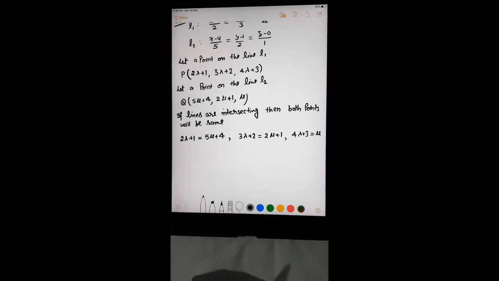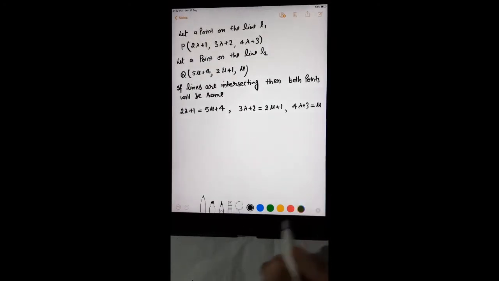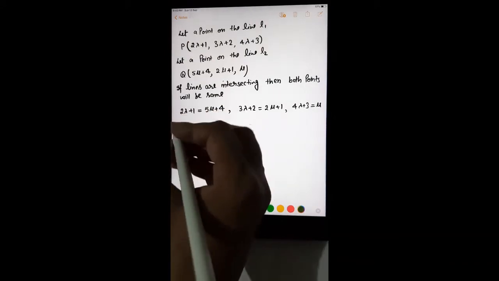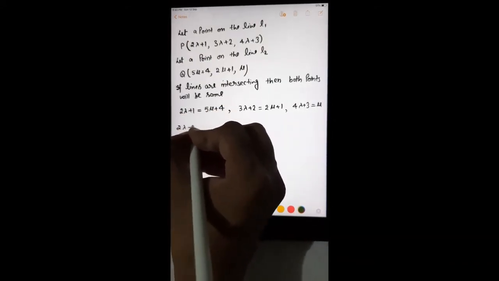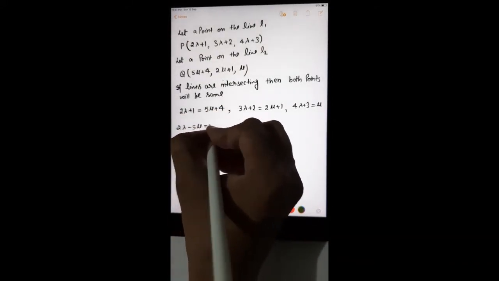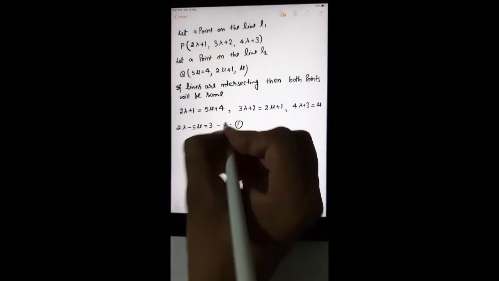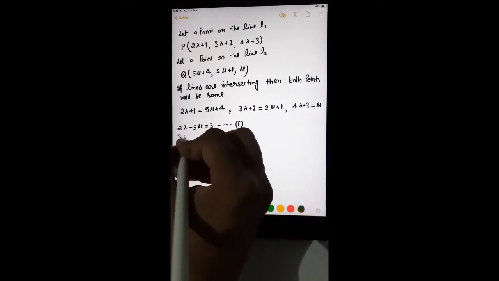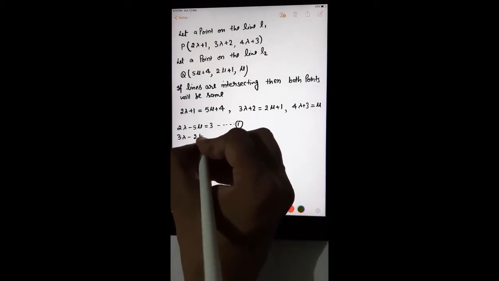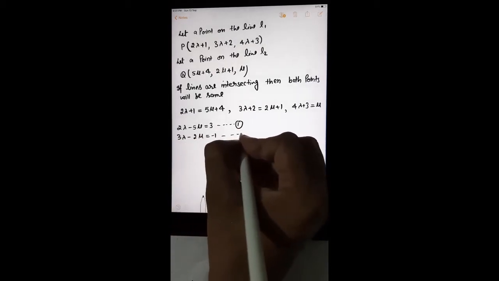Now by solving any two equations, we will get the values of lambda and mu. If these values of lambda and mu satisfy the third equation, it means the two lines are intersecting each other. So let us solve the two equations. The first equation will be 2 lambda minus 5 mu equals 3. This is equation number 1. The second equation will be 3 lambda minus 2 mu equals minus 1.